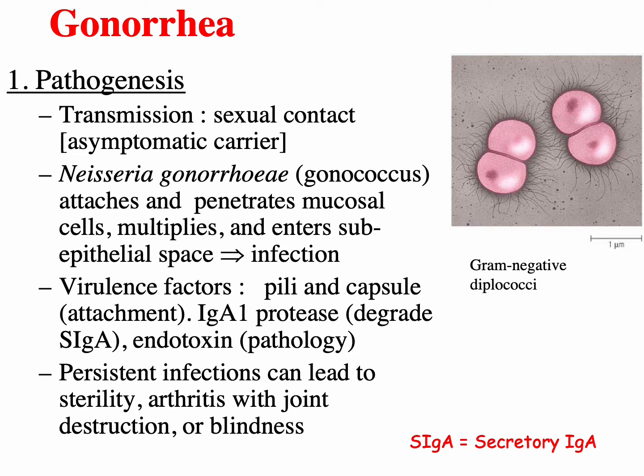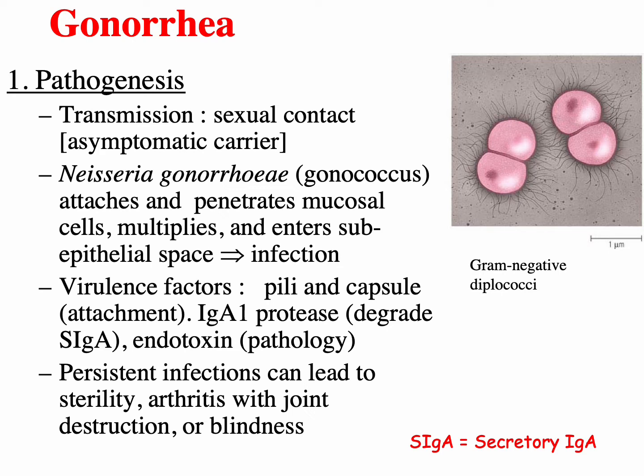So your genital organ, the mucosal surfaces, will carry this SIgA, as does the oral cavity, where saliva contains a lot of SIgA. So an organism that colonizes this sort of area will be faced with this SIgA.